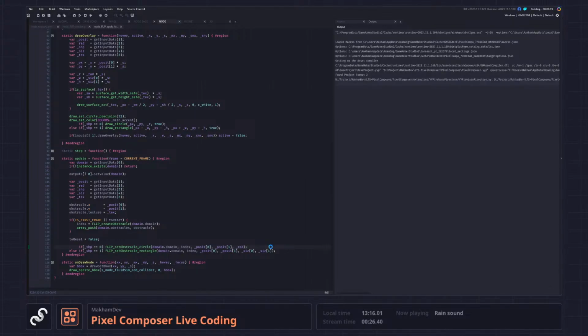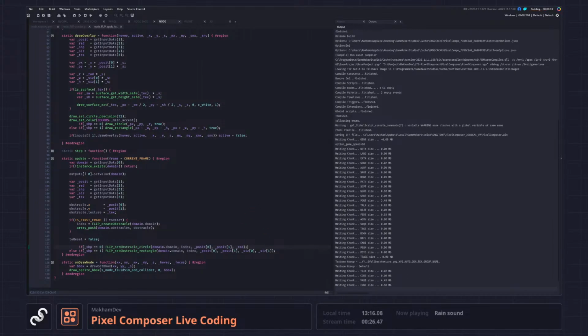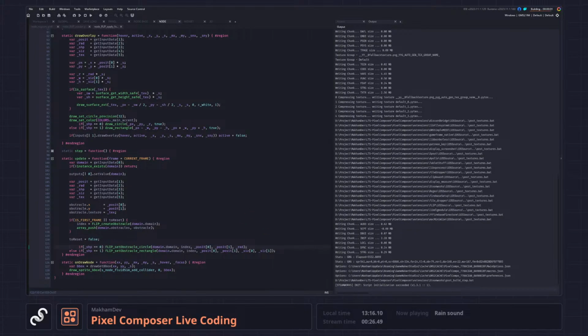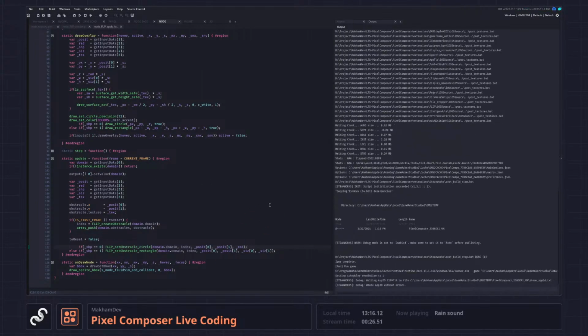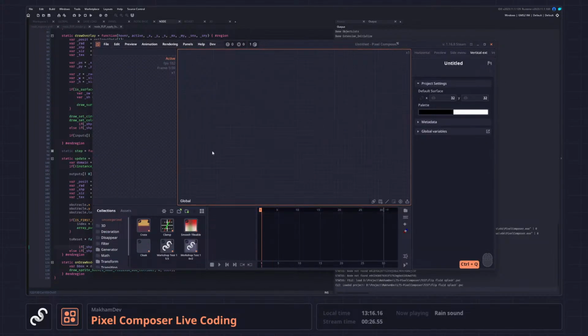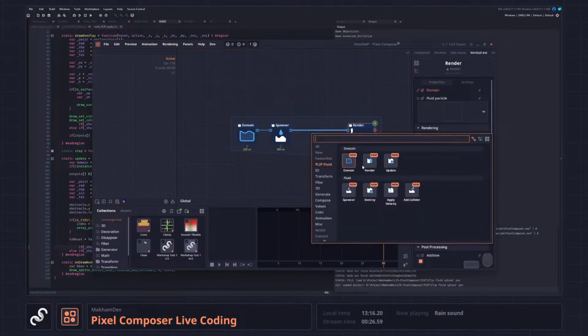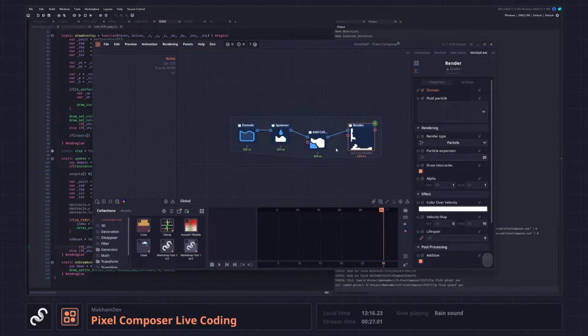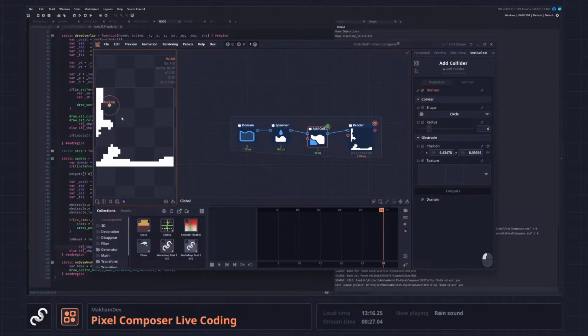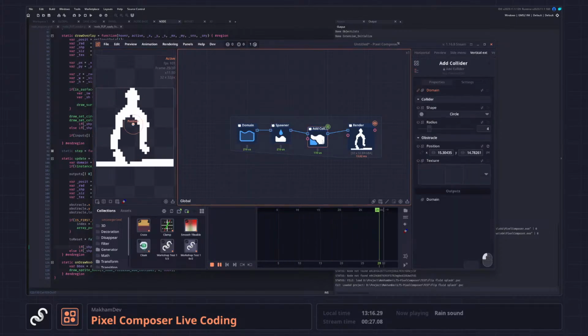Now we forcefully change the particle position, but that would probably cause some problems, right? Nope. Well, so far it kind of works.